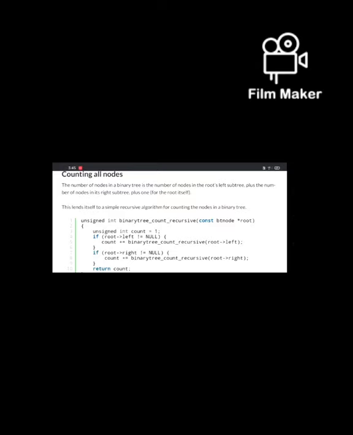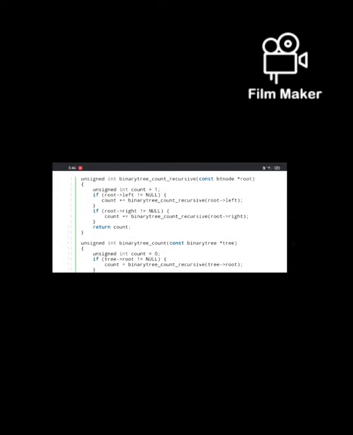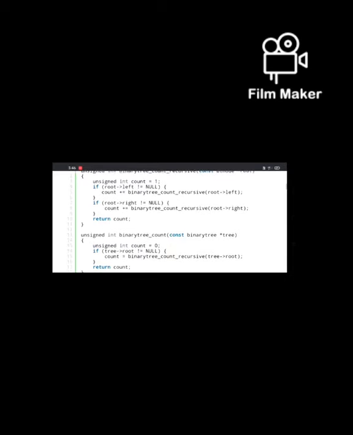How to count all nodes? The important note is the root adds 1 plus itself. So see here: unsigned int binary tree count recursive count b node, unsigned count.